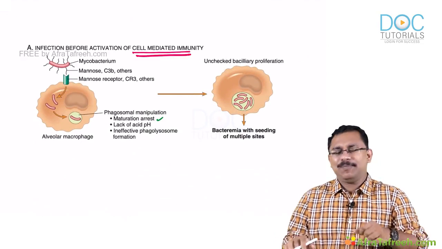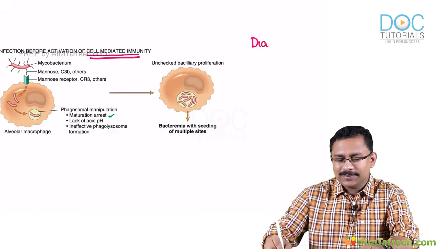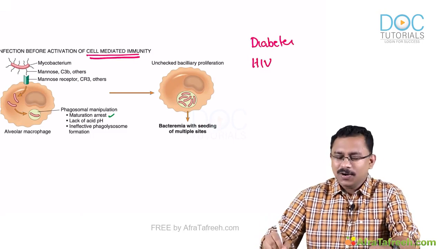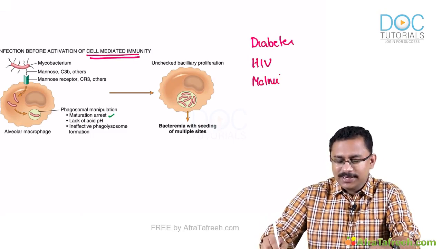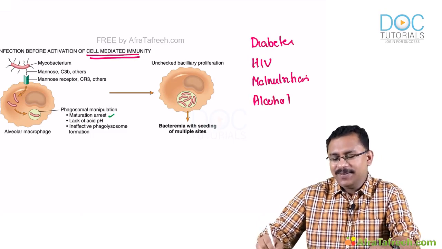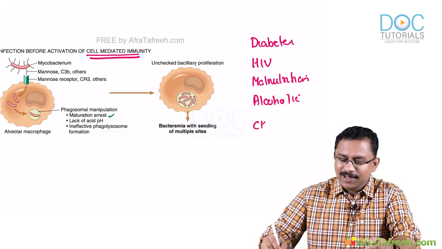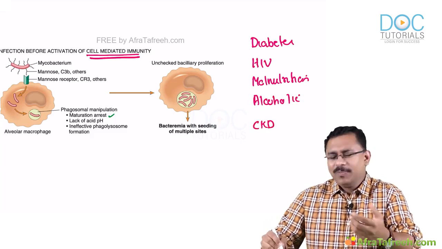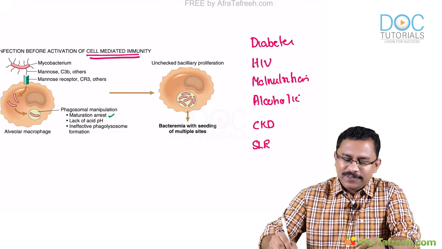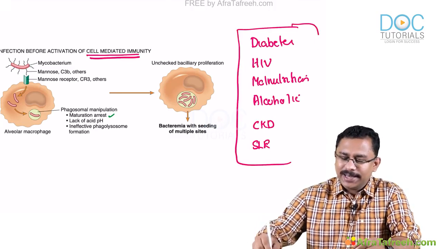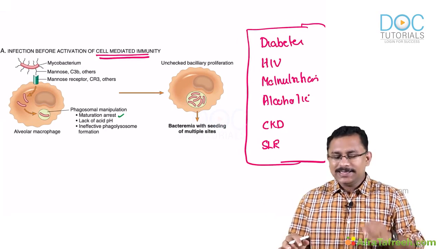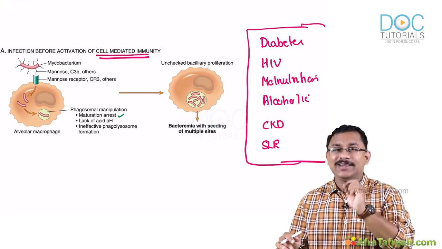So maybe he is a patient with diabetes, or maybe he has a retroviral infection, or he has malnutrition, or maybe he is an alcoholic, or maybe he has some other chronic illness like chronic kidney disease, or maybe he has some illness for which he is on steroids, like SLE. So if there are some contributory factors that have made Mr. X a bit immunocompromised, there is a chance that his cell-mediated immunity is not that great.